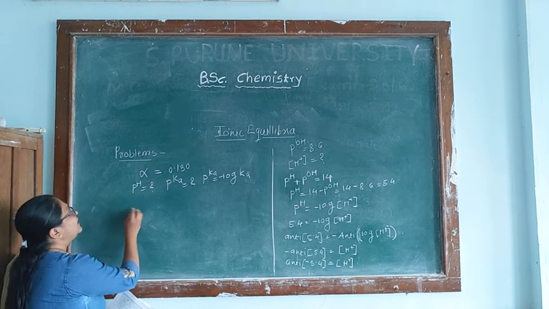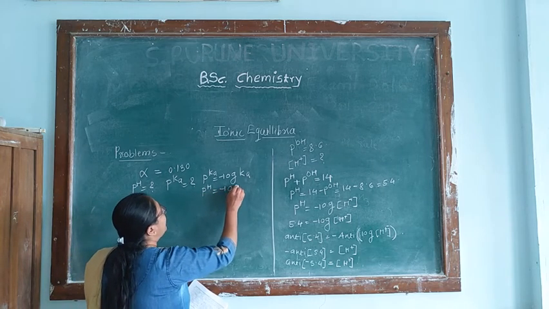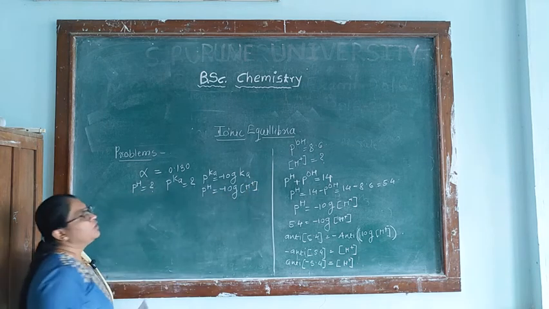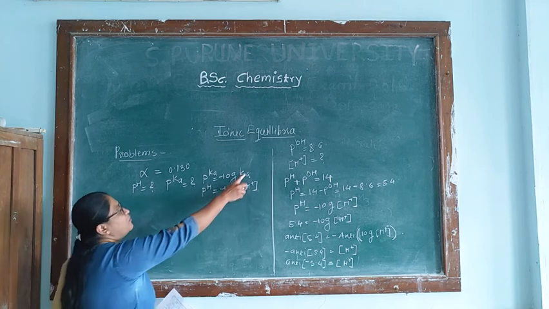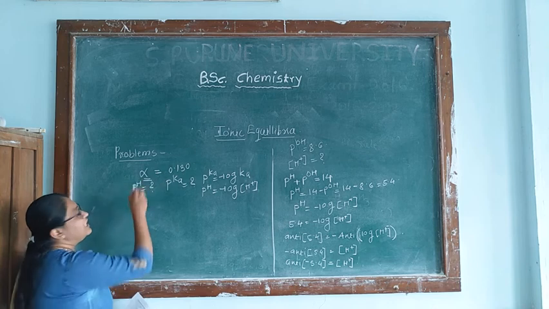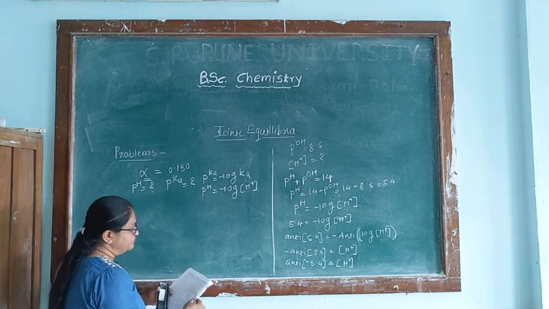And to calculate the pH, what is the formula for pH? pH is equal to minus log of H plus. That means to calculate pH, we must know the concentration of H plus. Both of these values are not given in the problem. We are just given alpha.